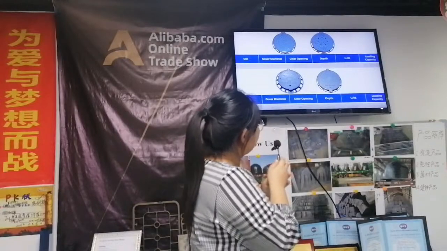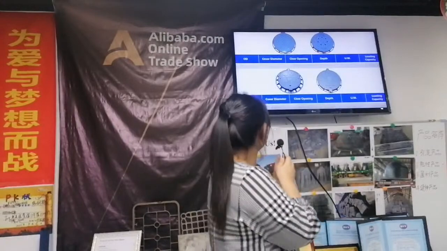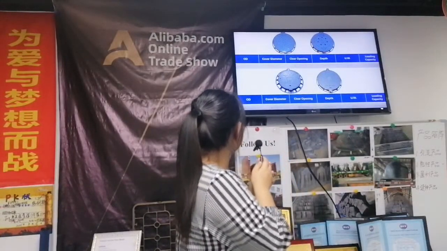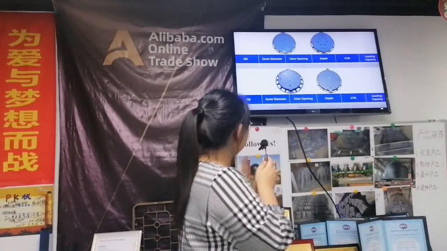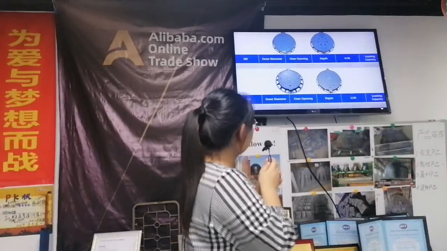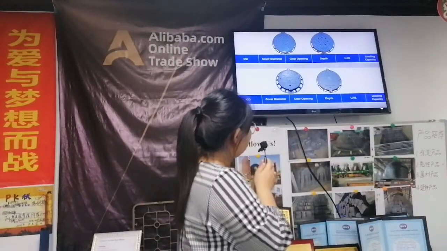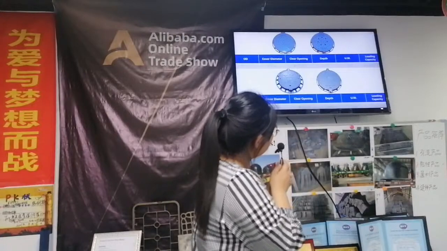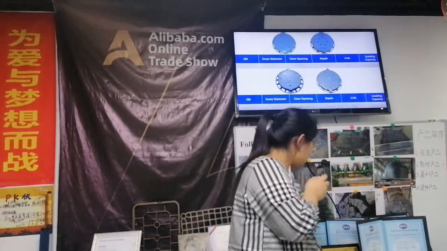Unit weight is 58 kg. And the next is the outside diameter 850 mm. The cover diameter is 635 mm, and a clear opening is 600 mm. The depth is 100 mm. Unit weight is 65 kg.